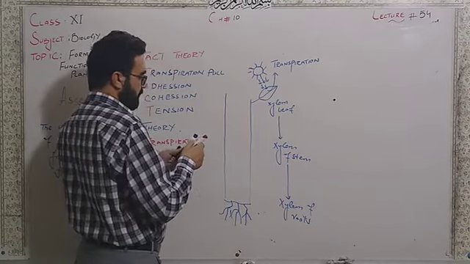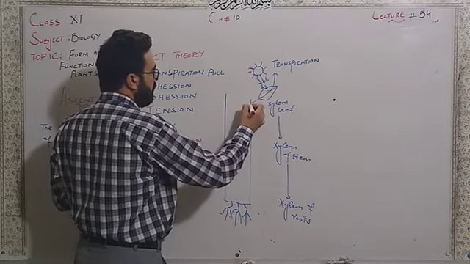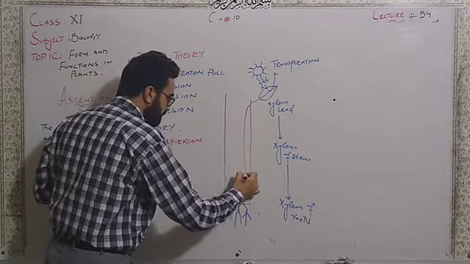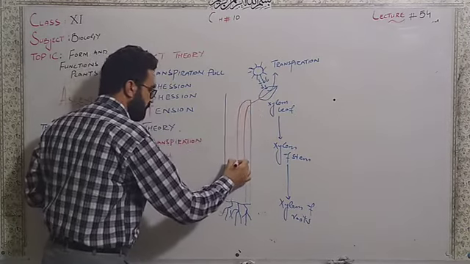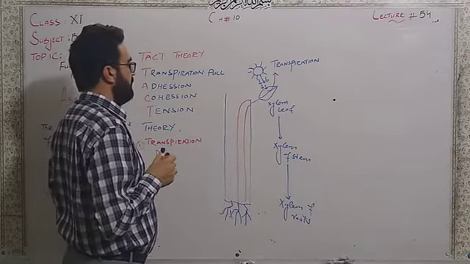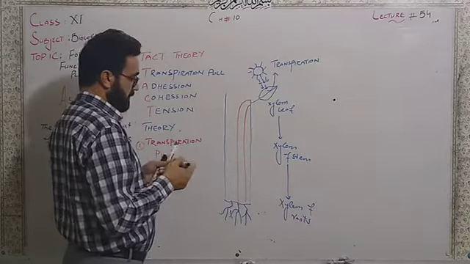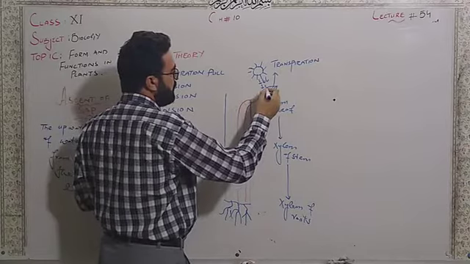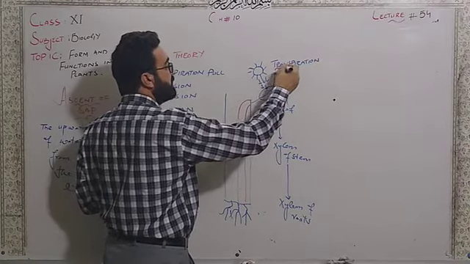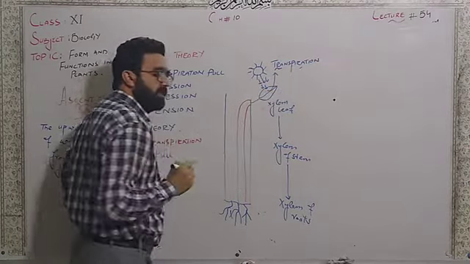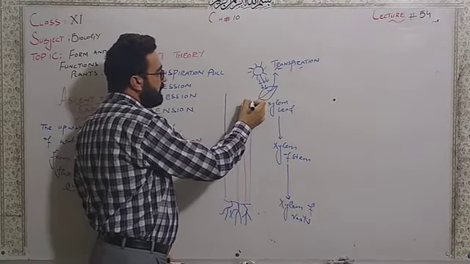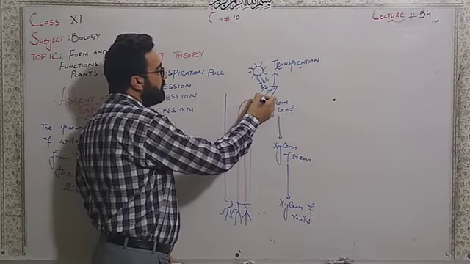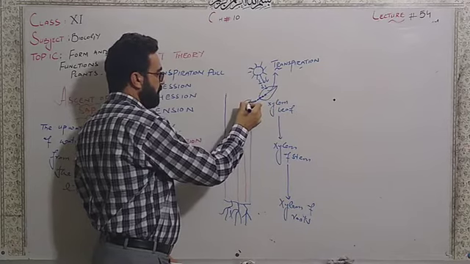Dear students, this is the xylem. When transpiration occurs, there is a deficiency of water in the leaves. So the leaves will draw water from the stem.